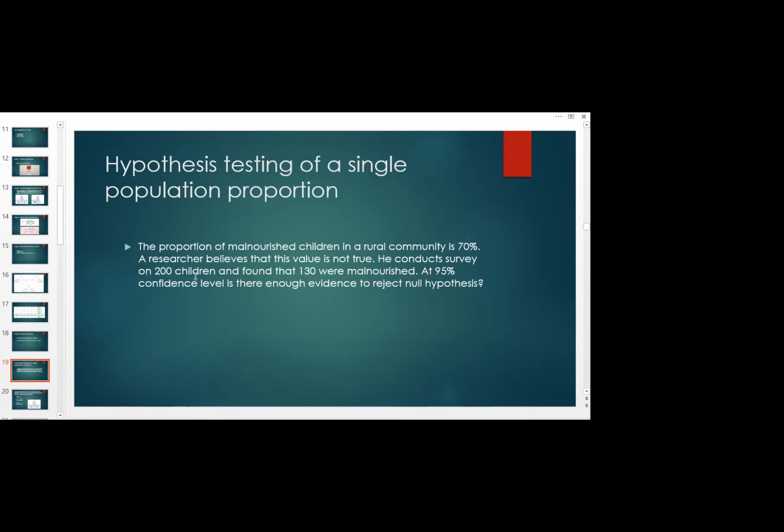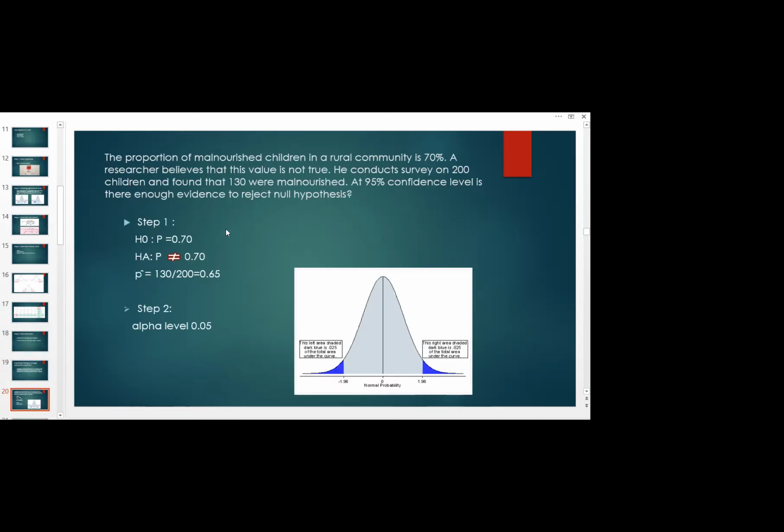He conducts a survey on 200 children and found that 130 were malnourished. At a 95% confidence level, is there enough evidence to reject the null hypothesis? Now, the steps. Step 1 is that we state the null hypothesis that the population proportion of malnourished children is 0.70.